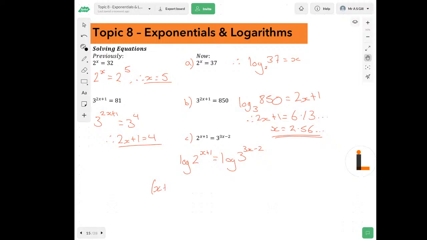So here we've got x plus 1, and it's really important we have this in brackets here, of log 2 is equal to, again we want this in brackets here, log 3.